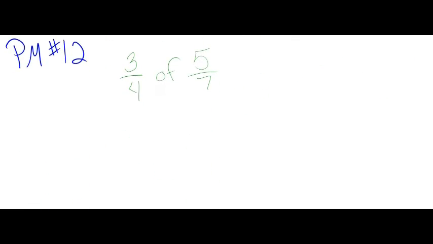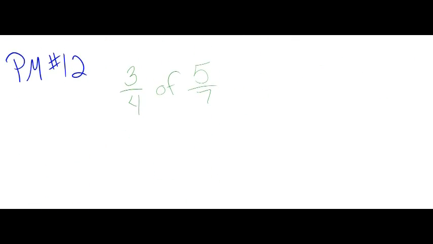Now in section 12, we're going to be talking about compound fractions, where you have a fraction of a fraction. We are talking about 3/4 of the quantity 5/7. This quantity of 5/7 is going to be broken down into fourths, and then we're taking 3 of those.